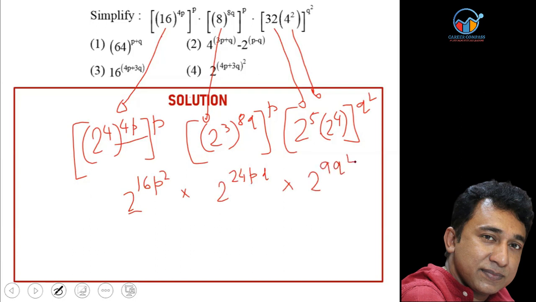Of course, if the base is same, the powers will get added. Which means definitely the power looks like an expansion of a plus b whole square.